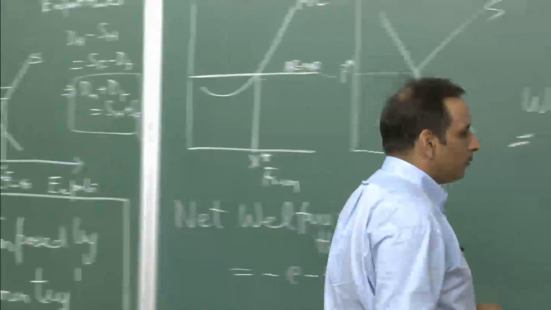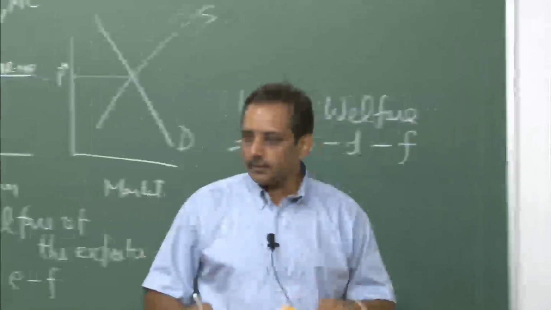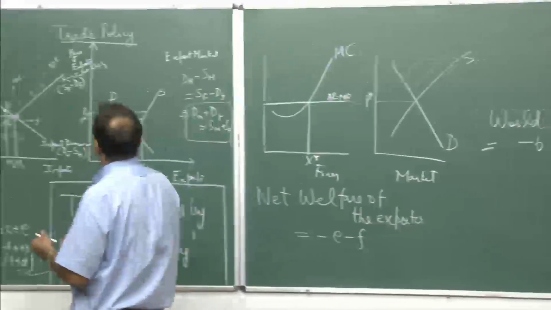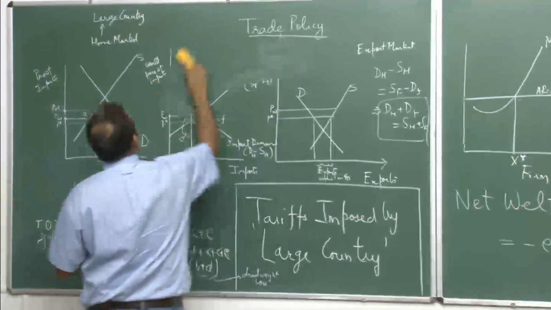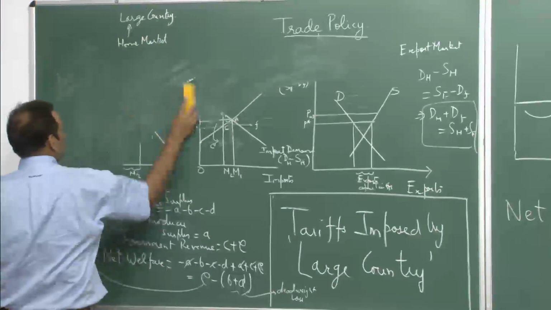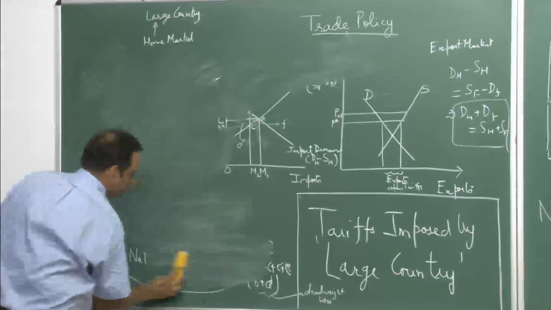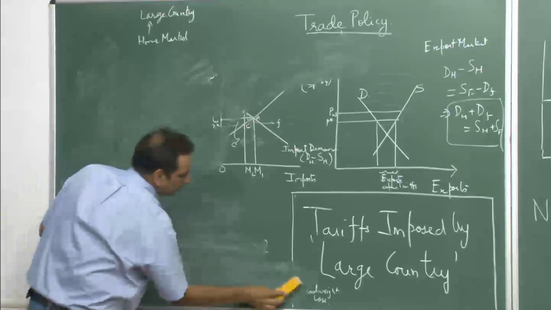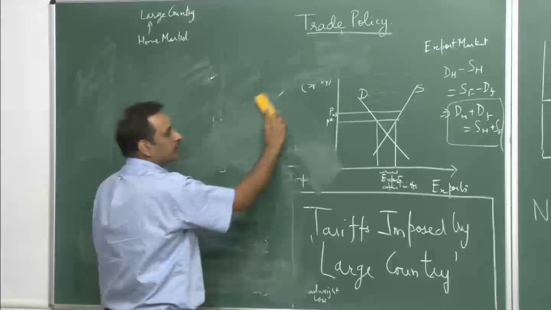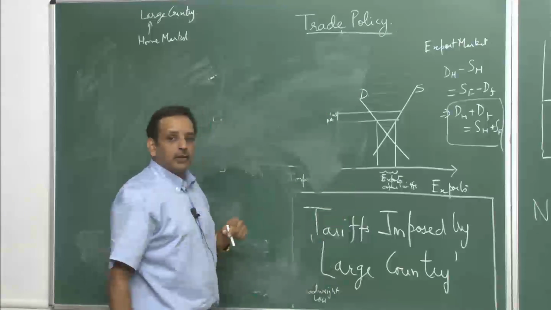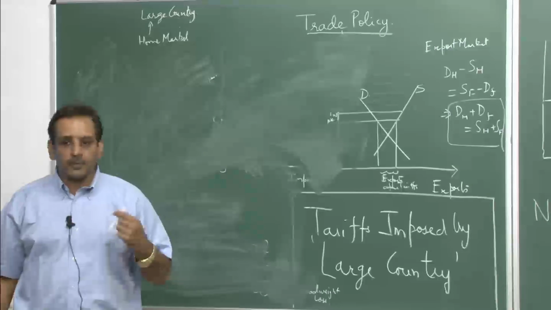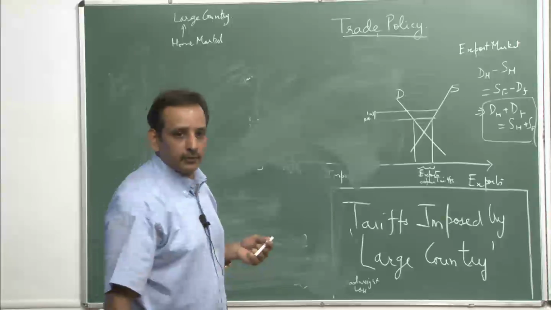So, then we will see what happens. Again the scenario is the same, perfect competition, and the difference is that now you have quotas. Now, most of the results that you will get will be similar to what happens in tariffs, but then quotas can sometimes be more pernicious than tariffs.